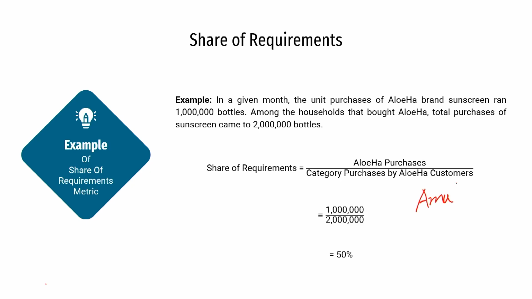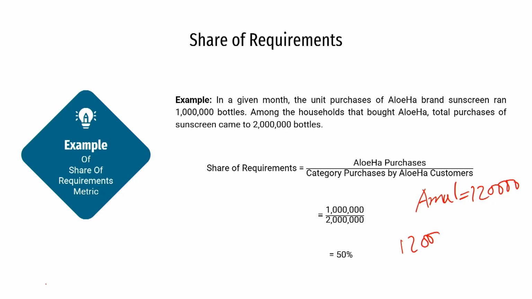For Amul it is 1,20,000, and the same set of people who have bought some Amul packets, they have also bought some other brands. Let us say the additional amount is 80,000, that is 1,20,000 plus 80,000. So, total purchase by these people who have bought at least one piece of Amul product is 2 lakh.